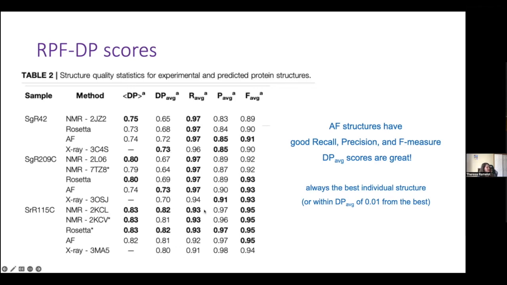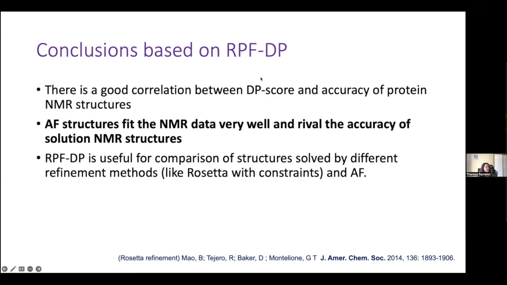So what else can we learn? Here's the conclusion. Yes, there's a very good correlation between the DP score and accuracy for NMR structures, and these AlphaFold structures fit the data very well. As the title of our paper said, they rival the accuracy of solution NMR structures. It's also very useful for comparing structures solved by different refinement methods to see if that helps improve the agreement with the NMR data.